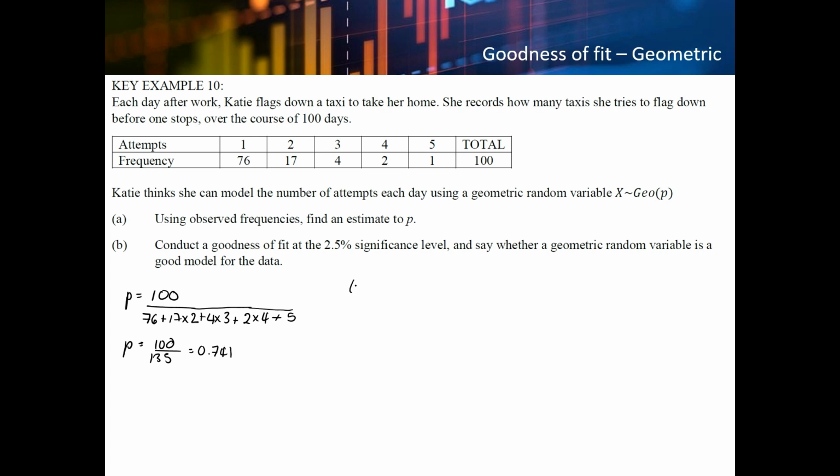And so now we run our goodness of fit method to this, but of course we have calculated the probability, so we do need to knock an extra degree of freedom off. So we'd start with H0, the geometric is a good distribution. Alternatively, it's not.